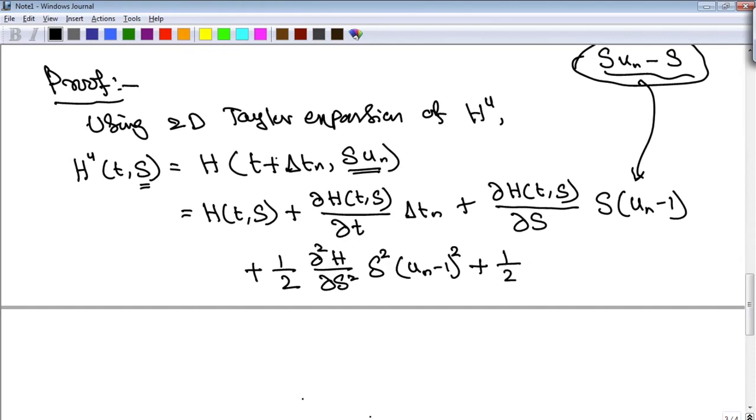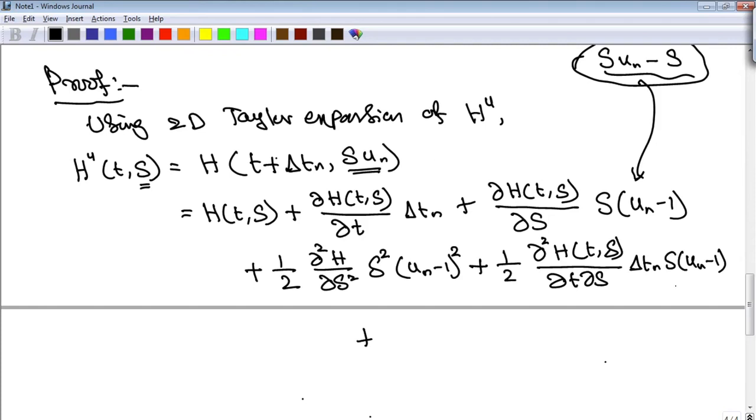So from Δt_n² onwards, I will just write it as a small o. All the higher order expressions, I will write as a small o. Therefore, I will not write ∂²h/∂t²; I will absorb it in the small o. In fact, the mixed derivative also can be absorbed in the small o, but I will just write and show it to you: ∂²h/∂t∂s Δt_n s(u_n − 1).